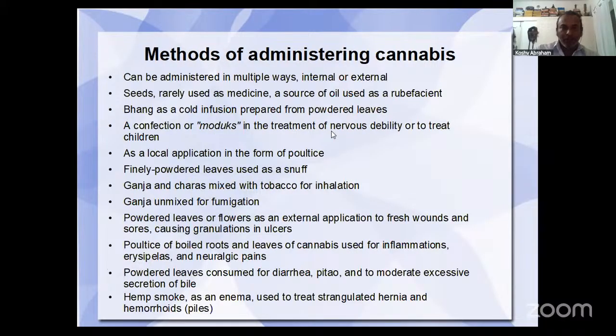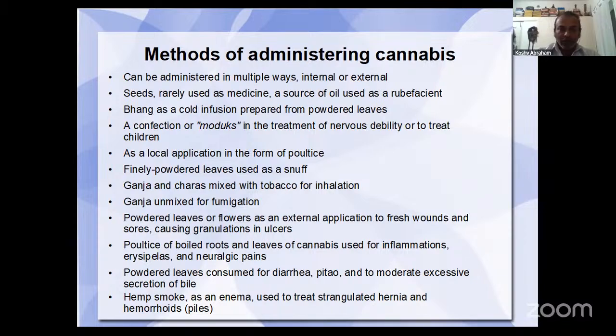The way in which cannabis was administered was widespread, so it could be used both externally as well as internally. The seeds we see were rarely used as medicine. The one use that they talk about for the seeds is that the oil from the seeds was taken out and used to apply on the skin. We see that bhang was generally prepared as a cold infusion.